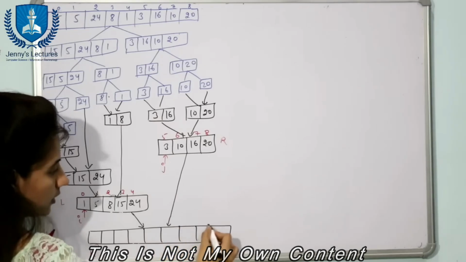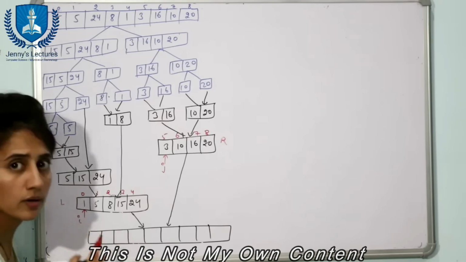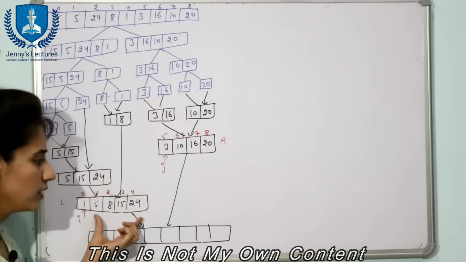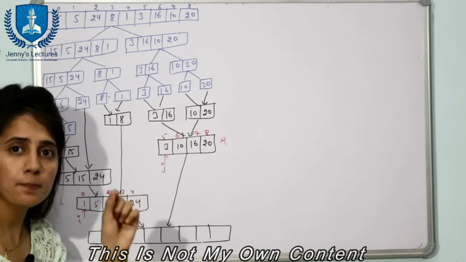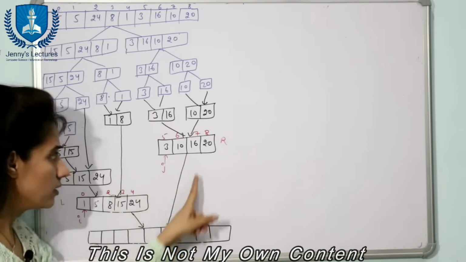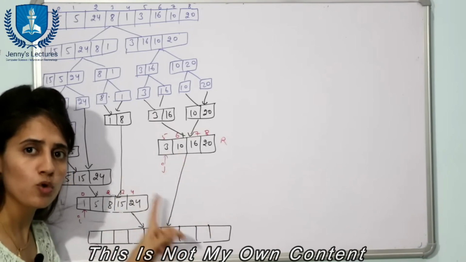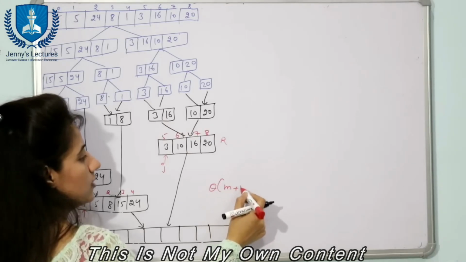And how many elements would be there in this sublist? Total of this and this one. Let us suppose here we have m elements, here we have n elements. So total would be m plus n elements. So the time complexity for this merging function would be Theta of m plus n.